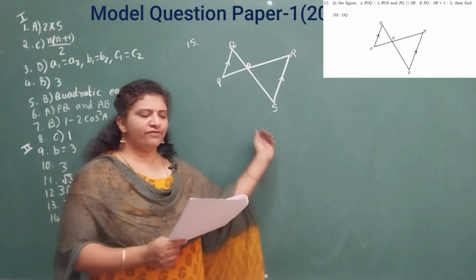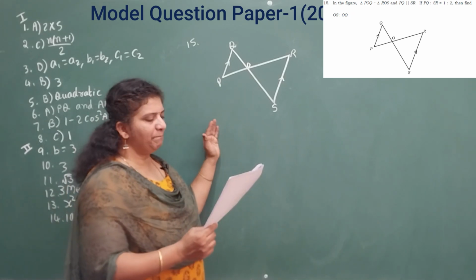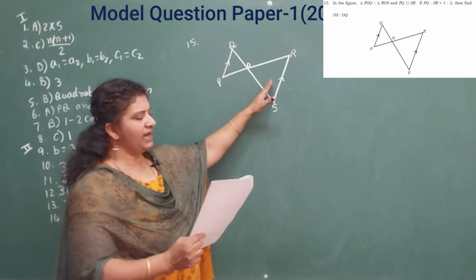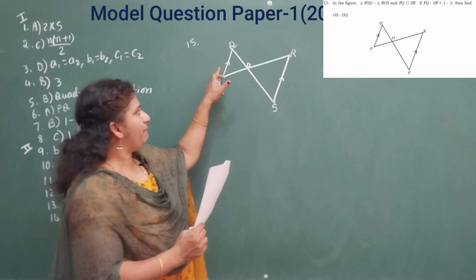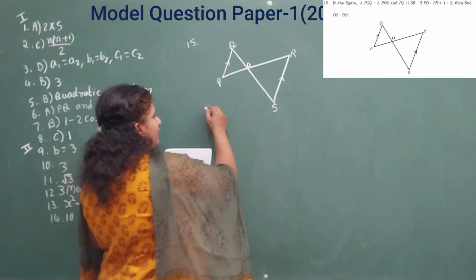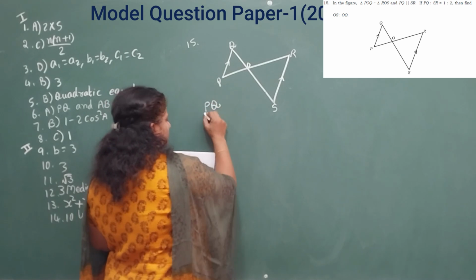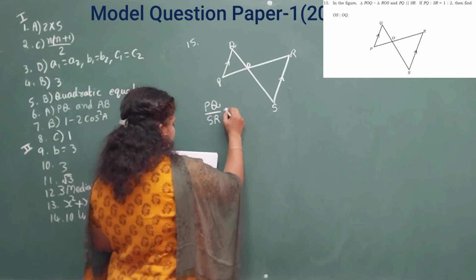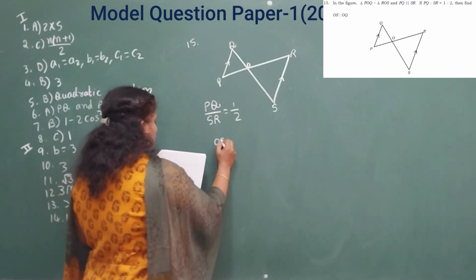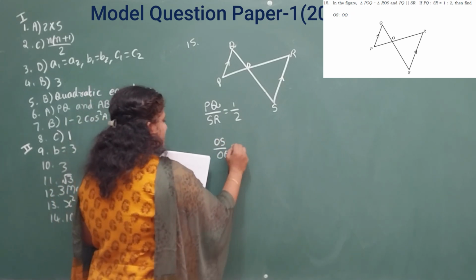15th one, in the figure, triangle POQ is similar to triangle ROS and PQ is parallel to SR. If PQ is to SR is equal to 1 by 2, then find OS by OQ is your question.